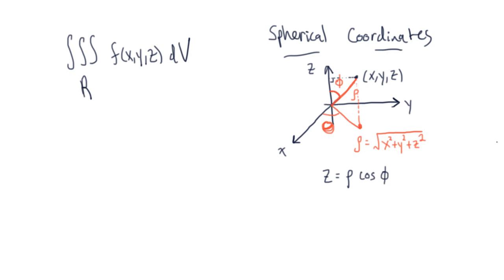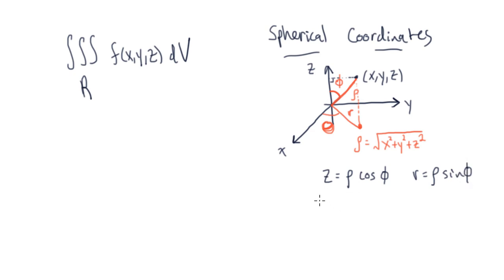Okay. And now for x and y, we can use r again. If you notice, rho times the sine of phi is really giving me r. So that's another useful observation: r in polar coordinates is rho times sine of phi.